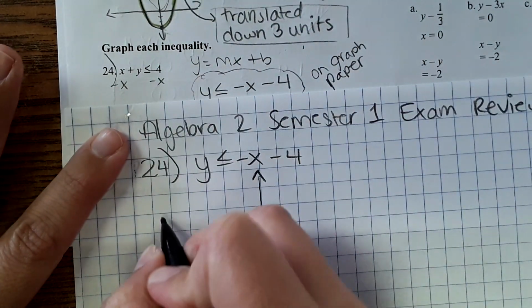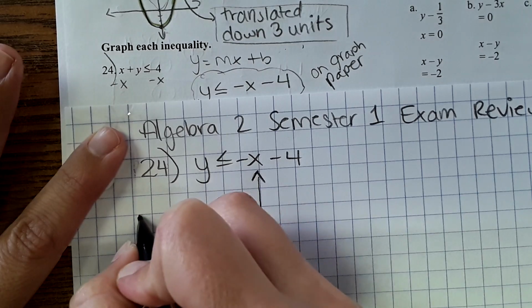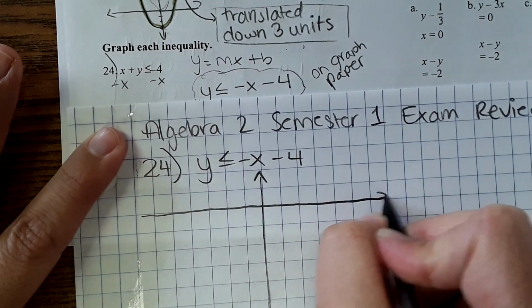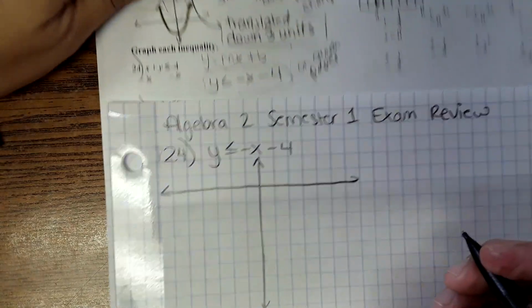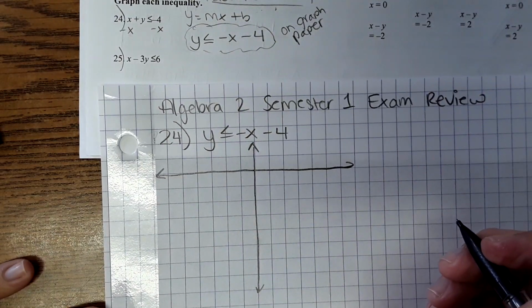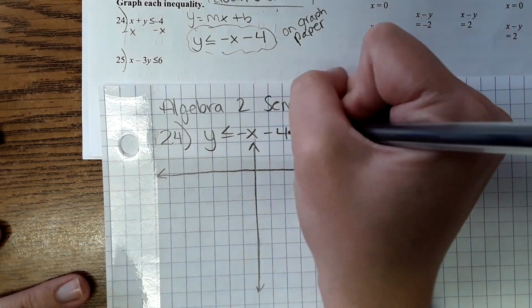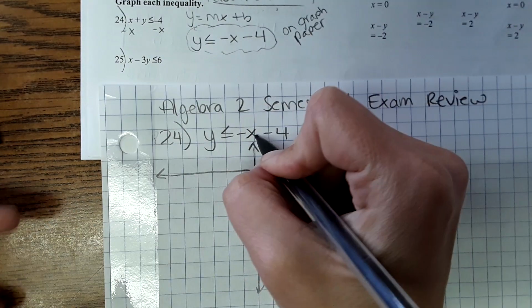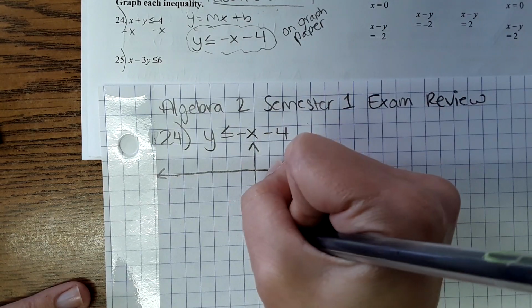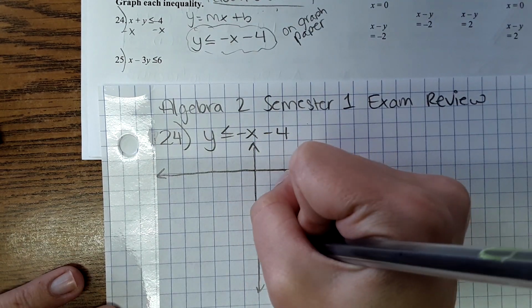And this one kind of ends up in the lower portion of the graph, so making it like this. Okay, and then in graphing this, y-intercept at -4, 1, 2, 3, 4. Slope is -1, so that's down 1 over 1.